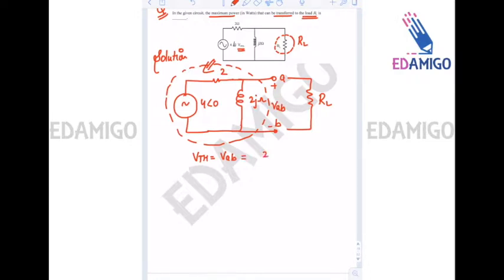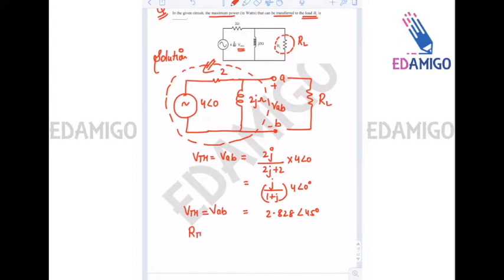That can be easily calculated by voltage division rule: 2j upon (2j plus 2) multiplied by 4 angle 0, that is j upon (1 plus j) multiplied by 4 angle 0 degrees. If you solve this, you will get 2.828 angle 45 degrees. That is your VAB, or VTH.